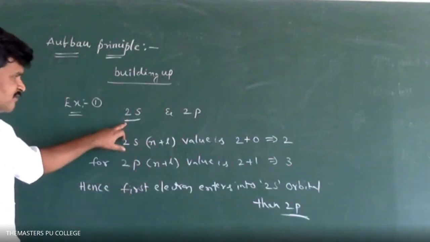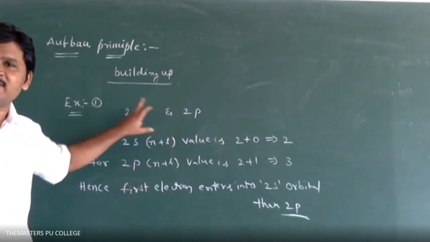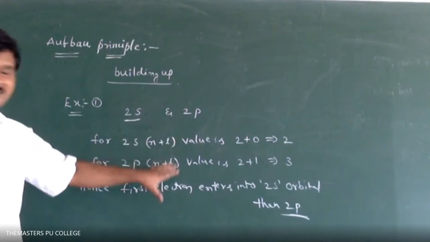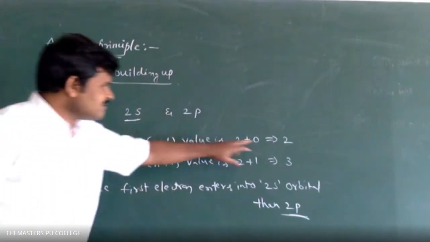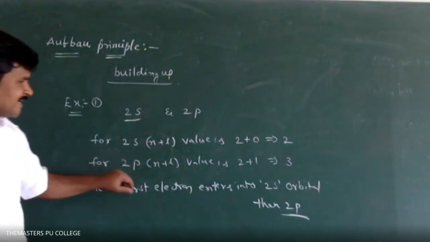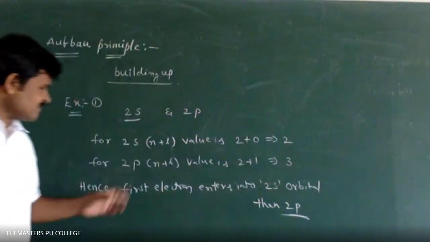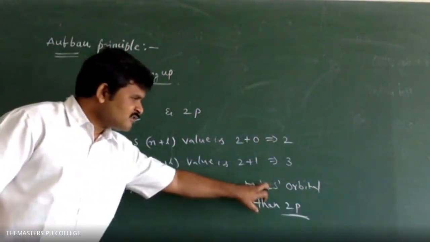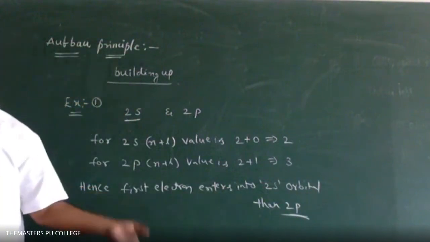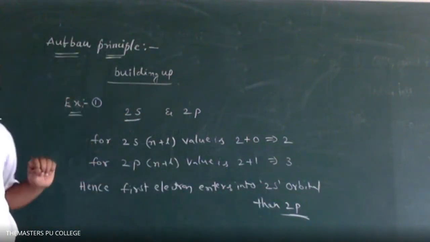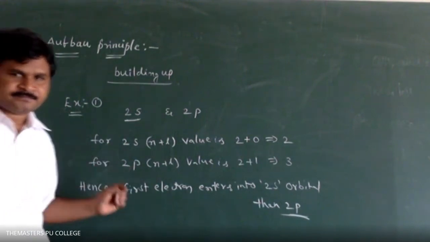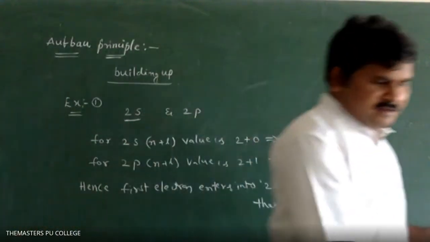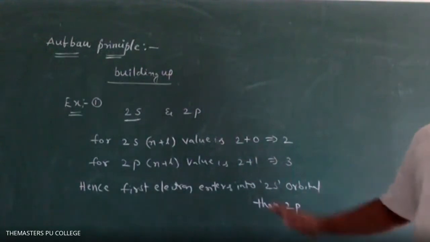So after 2s only we are writing 2p. Why? This is the explanation: for 2s the n plus l value is 2, for 2p it is 3. So that's why the first electron enters into the 2s orbital, then the 2p orbital. Any doubt in this? Please write this down. I will say the second condition after this.